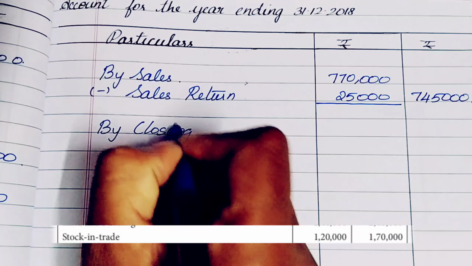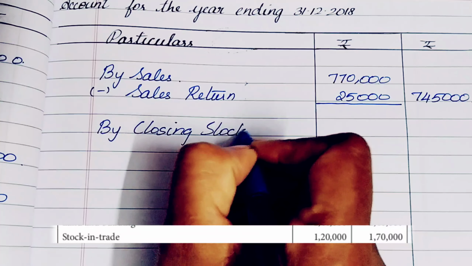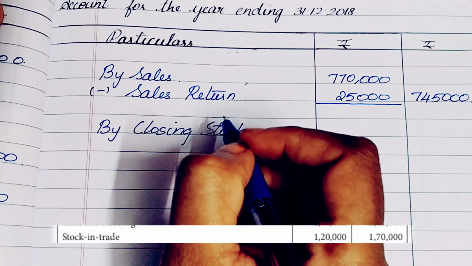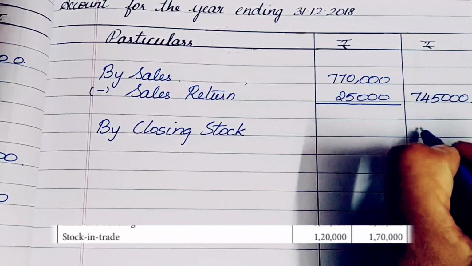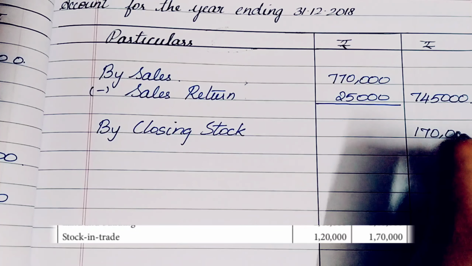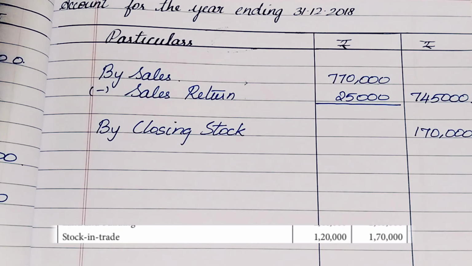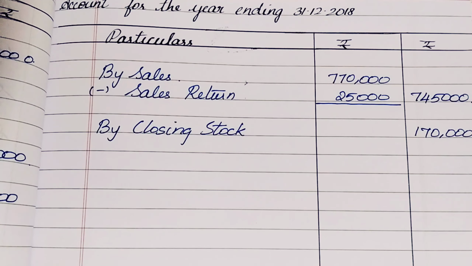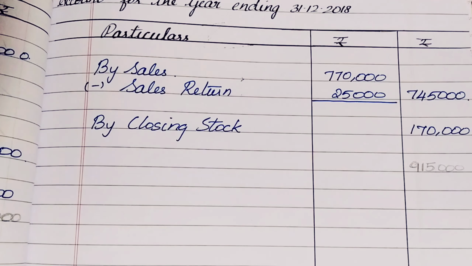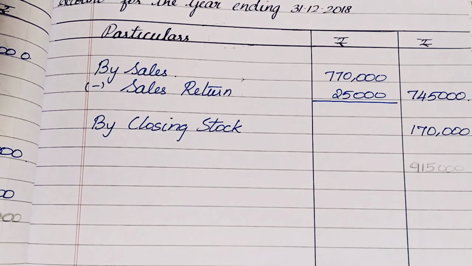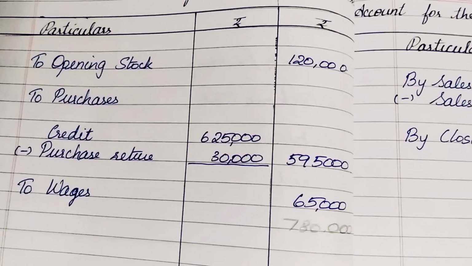This can be taken from the tabular column given in the problem. Closing stock is 1,70,000, recorded in the outer column of the trading account credit side. Now we have to balance the debit and the credit. For that, first let's get the total of the debit side and the credit side. On the credit side, I get 9,15,000, and on the debit side, I get 7,80,000.